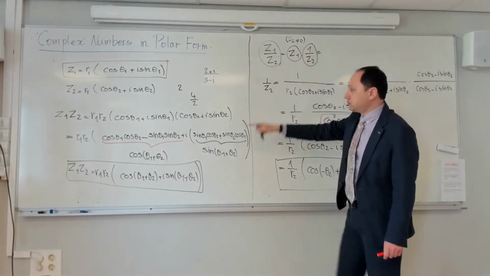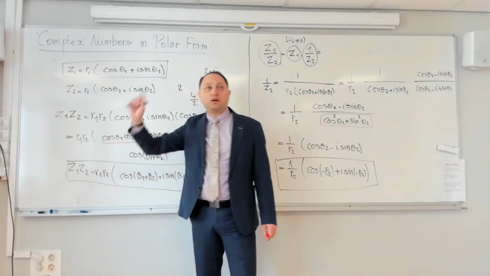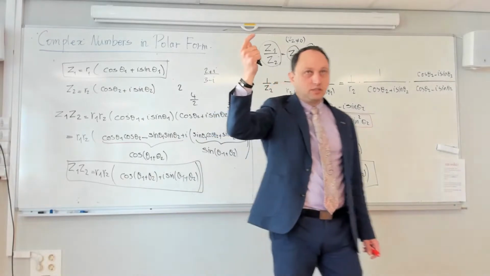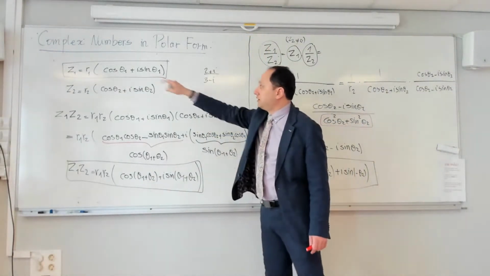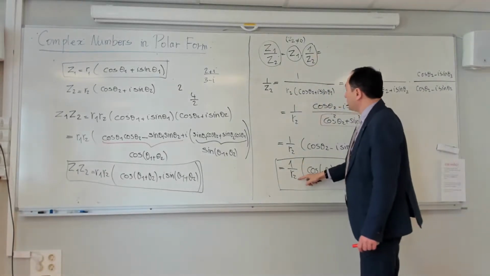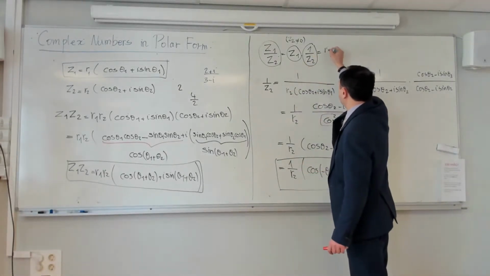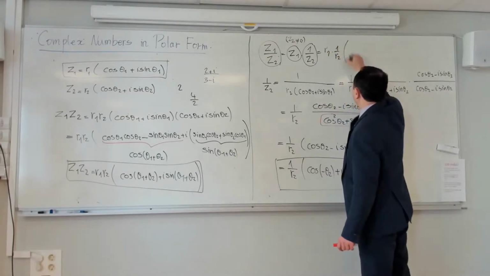Yes, I know the rule for multiplication. What was the rule for multiplication? Multiply the absolute values. Yes. So what is the absolute value of Z1? It's R1. What is the absolute value of 1 over Z2? It's 1 over R2. If I multiply these two, it becomes this. And can you tell me what should I do?